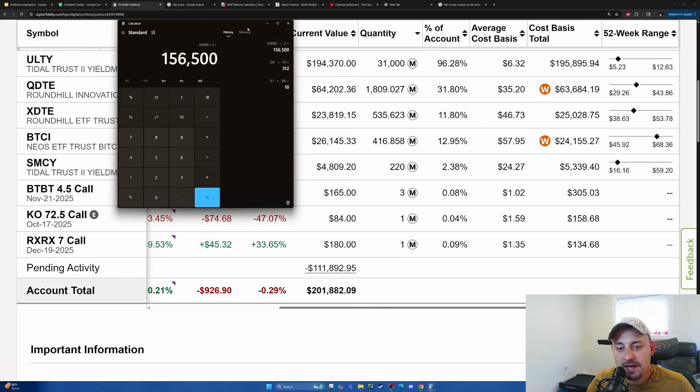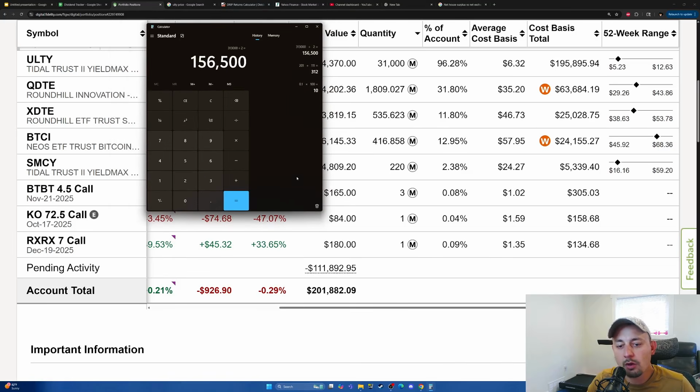And that means that I still have to pay the broker what I borrowed, which was $111,892. So I would have to subtract that, and this is what I would still owe them. So all I would have left in my portfolio would be $44,000 of my own money. And that is the risk, folks.